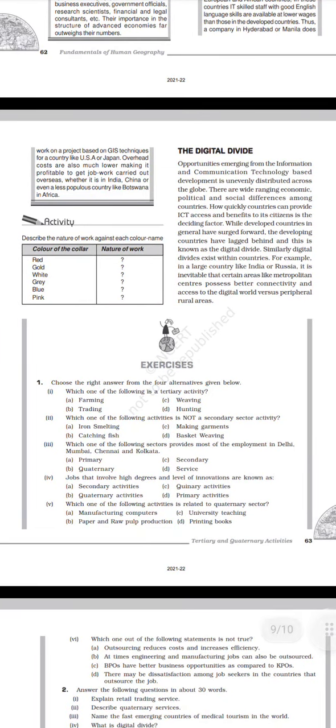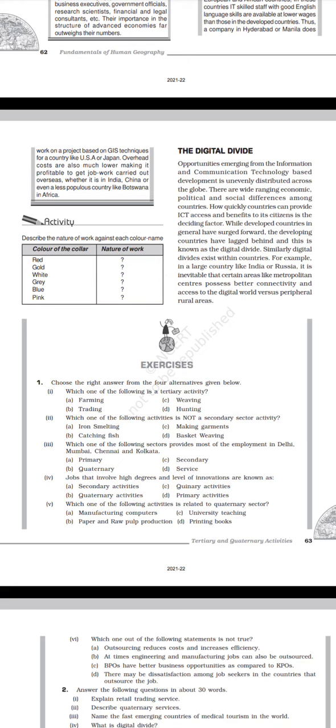Exercises. Choose the right answer from the four alternatives given below. Which one of the following is a tertiary activity? Farming, weaving, trading, hunting. Which one of the following activities is not a secondary sector activity? Iron smelting, making garments, catching fish, basket weaving. Which one of the following sectors provides most of the employment in Delhi, Mumbai, Chennai, and Kolkata?